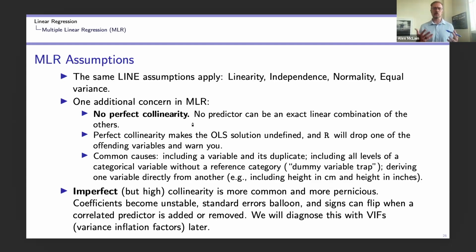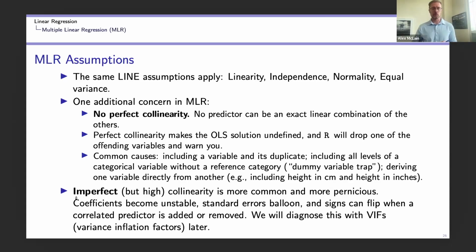This is what happens when two variables are very closely related to one another. Perfect collinearity is when one variable, or say three variables, perfectly explain one of the other covariates. When that occurs, you're going to get an error. Your model is not going to be able to fit.